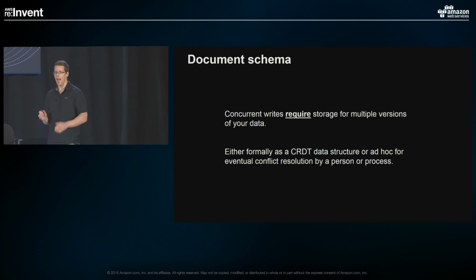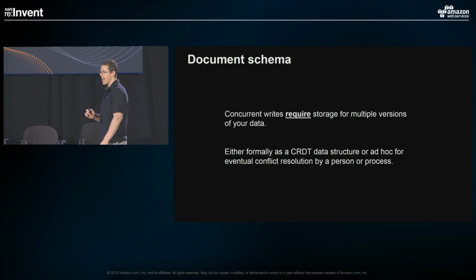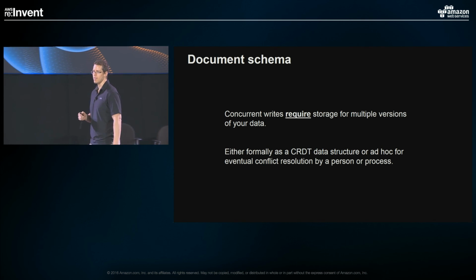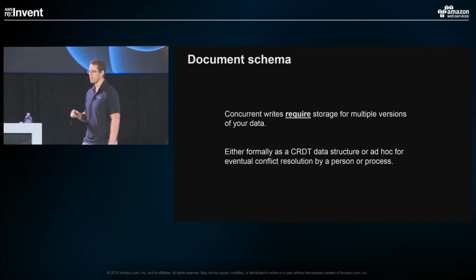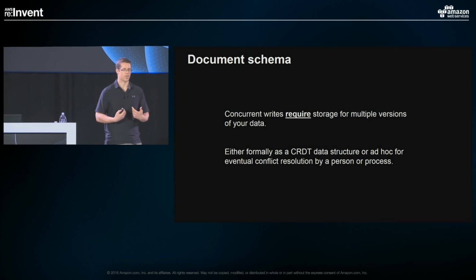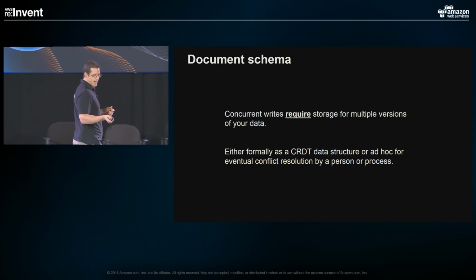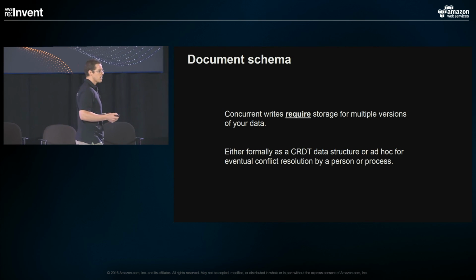So think about how you're going to represent that. Can your data design handle multiple versions of reality? Because that's really what's going on in a multi-master system with conflicting writes, that disagreement. So if you can design your system to do that, you're a step ahead.